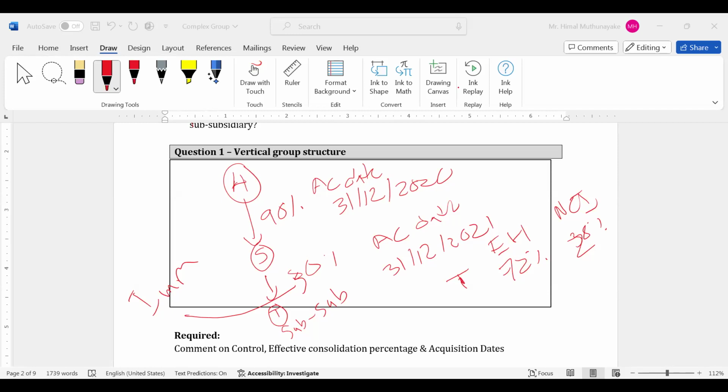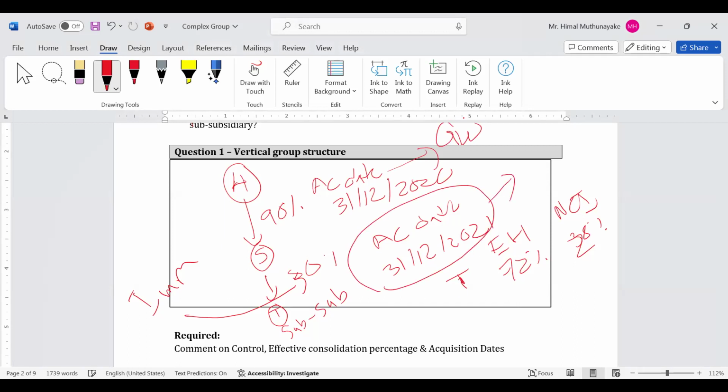That means you need to calculate the goodwill for this consolidation from the acquisition date of 31st December 2021. So based on the acquisition date only, you need to calculate the goodwill. Is that clear?